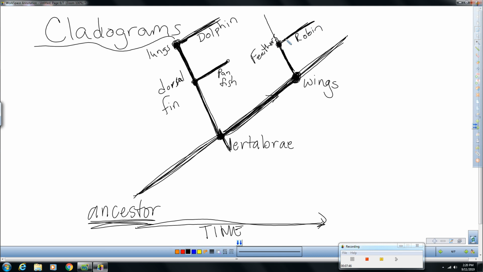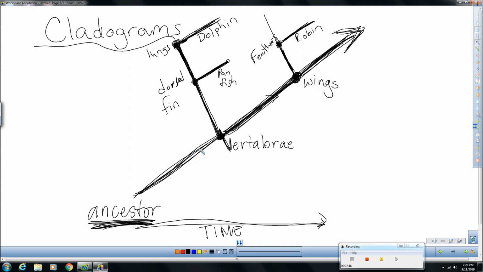That could be your robin or any kind of birds from there. As we continue here beyond the wings, now we have vertebrae with wings that are continuing to go up. And again, the whole point of the cladogram is for you to be able to start to draw those relationships of organisms and the defining characteristics that separated them all the way back from whatever that common ancestor is.